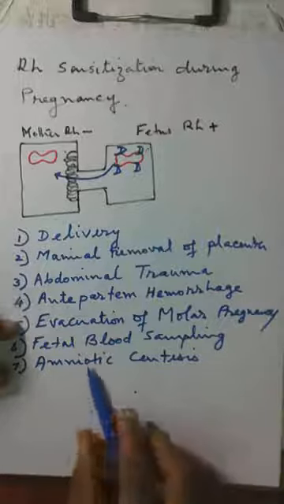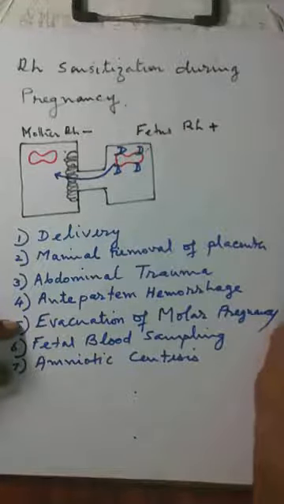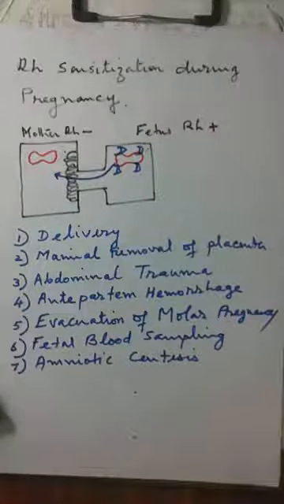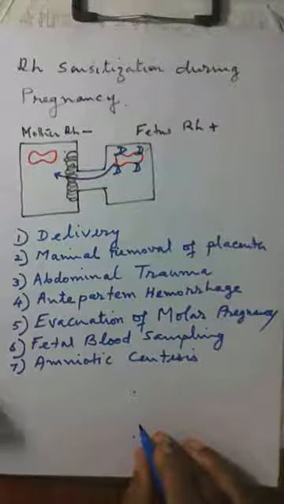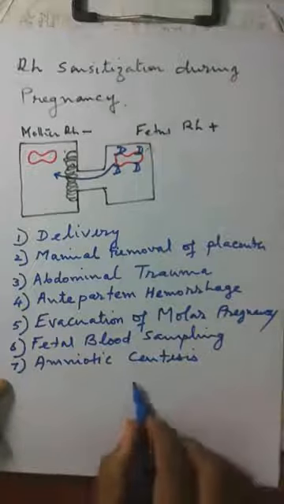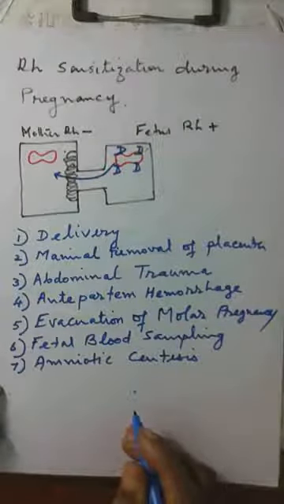They will check the chromosomes of the fetus and see whether there is any abnormality in the chromosomes, like trisomy 21, that is Down syndrome. So such kind of anomalies we will come to know earlier. That is the purpose of this examination.